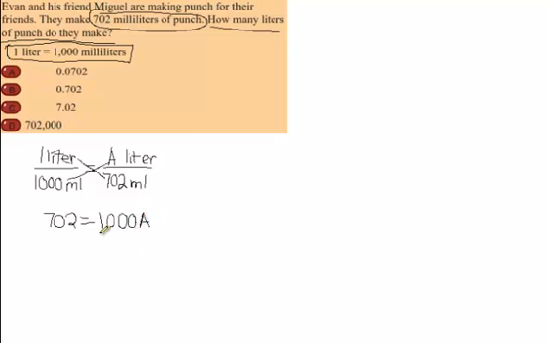There it is. Which means we need to do the inverse operation to get the unknown alone. That's dividing both sides by 1,000. 1,000 over 1,000 equals 1. So now we're left with A, and then we have this big fraction, 702 over 1,000.